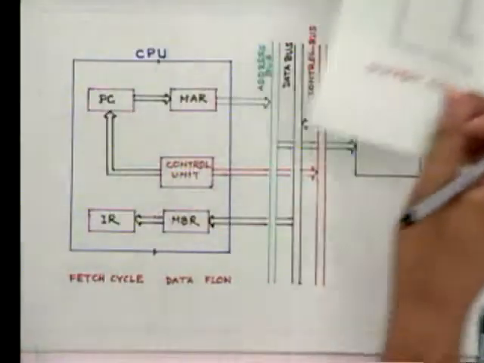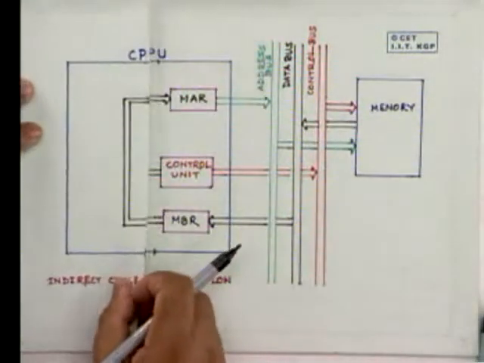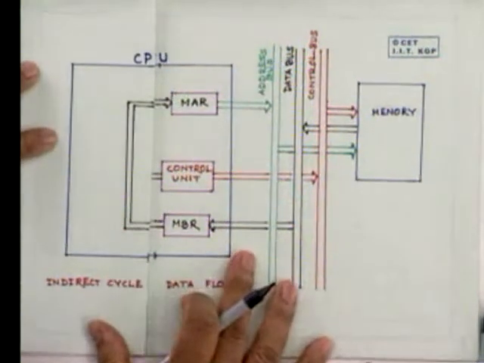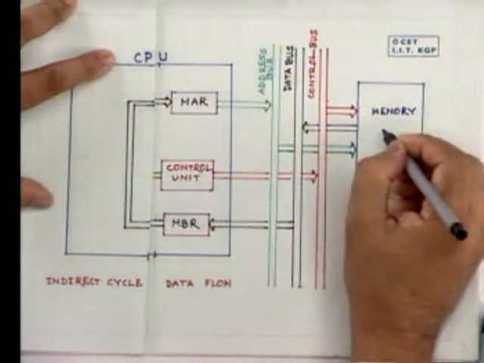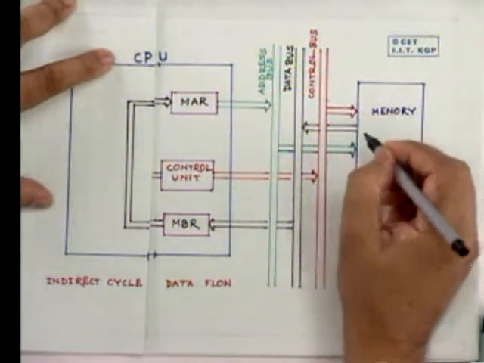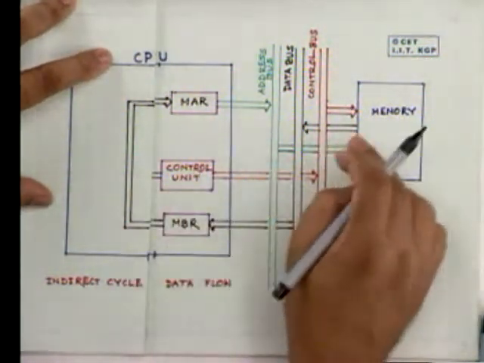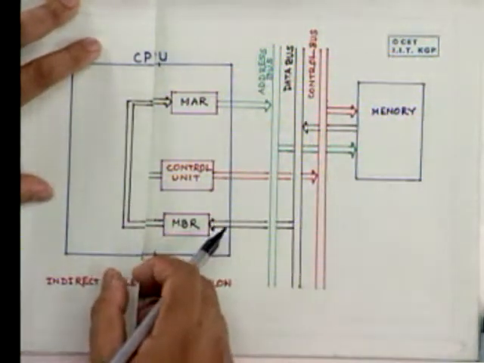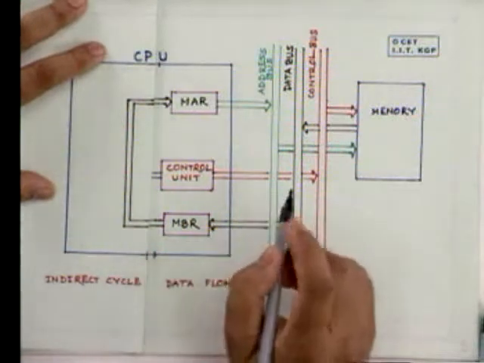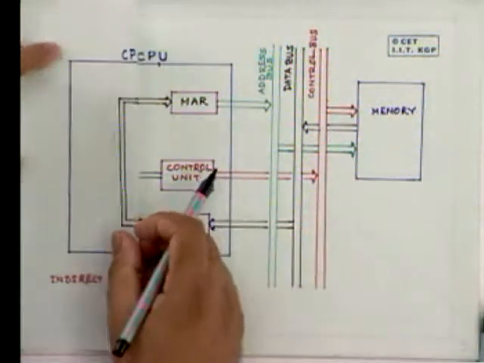Now this is your indirect cycle. Whenever there is an indirect cycle, as you can see, one more memory read turns out to be involved, or it may be a memory write if the operand has to be written into the memory. In any case, one more memory cycle is involved here.